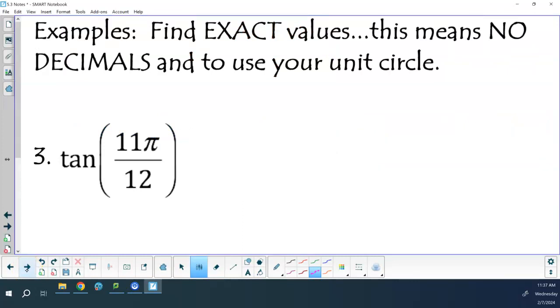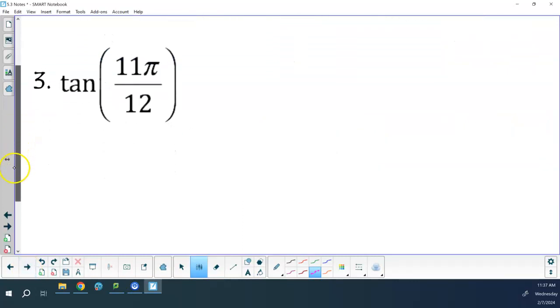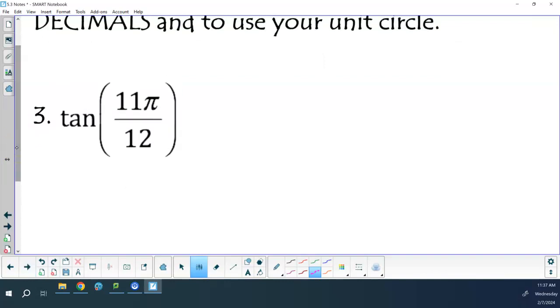Okay? Tangent here now. So, off to the side, I'm thinking 11 pi over 12. What are we thinking for 11 pi over 12? Combination of 7 plus 4. The problem is that 7 pi over 12 isn't on the unit circle.